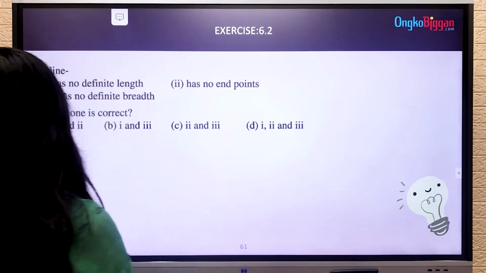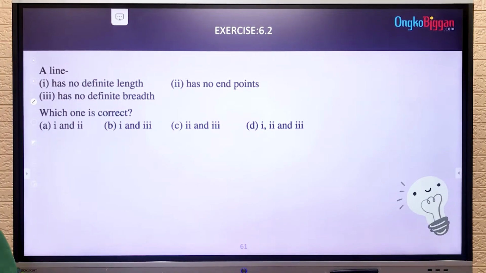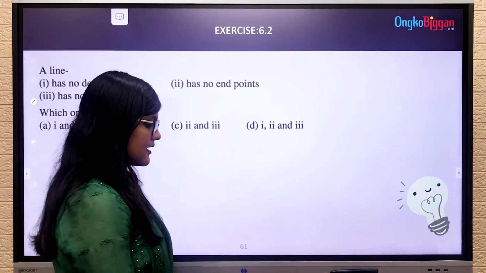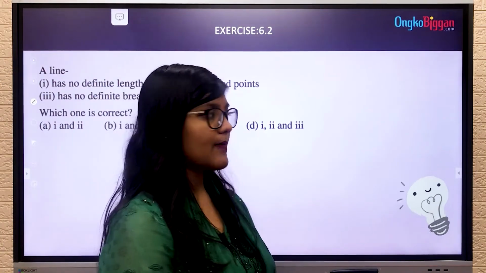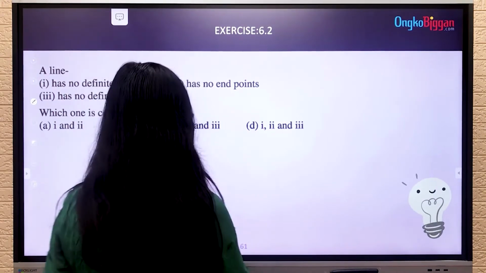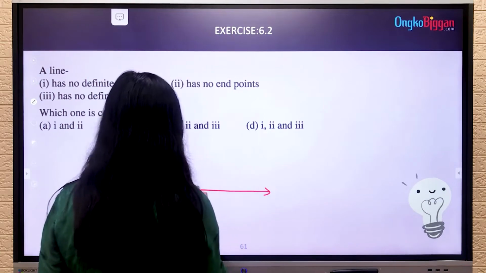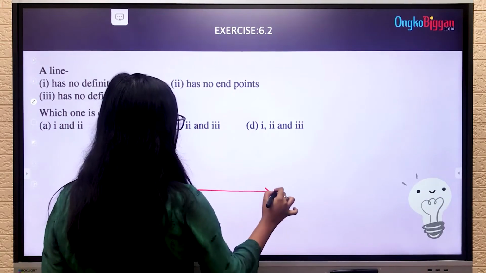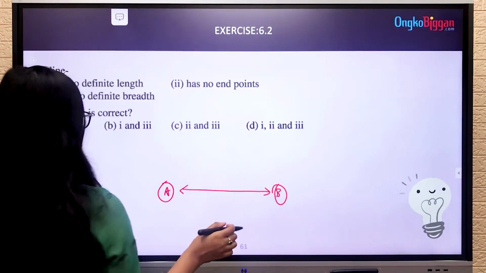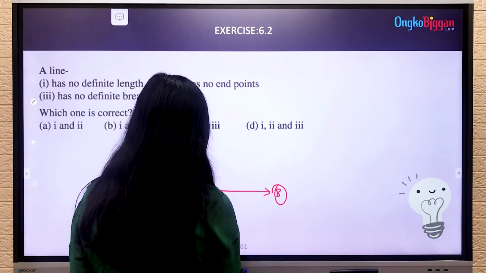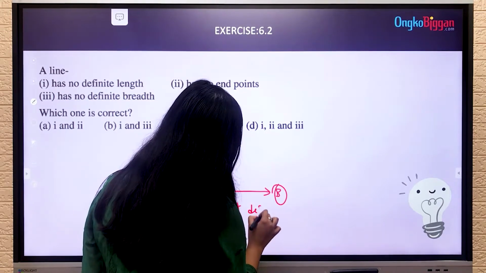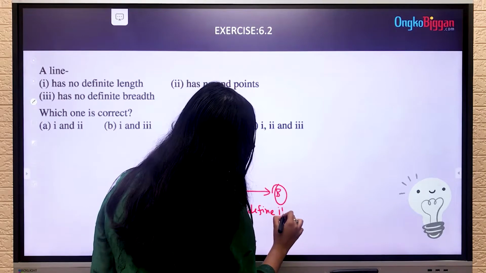Then we have another MCQ. A line has no definite length. We have learned a line basically has no endpoints. We define a line this way: we don't know from where A and B started, so we can't define its length.